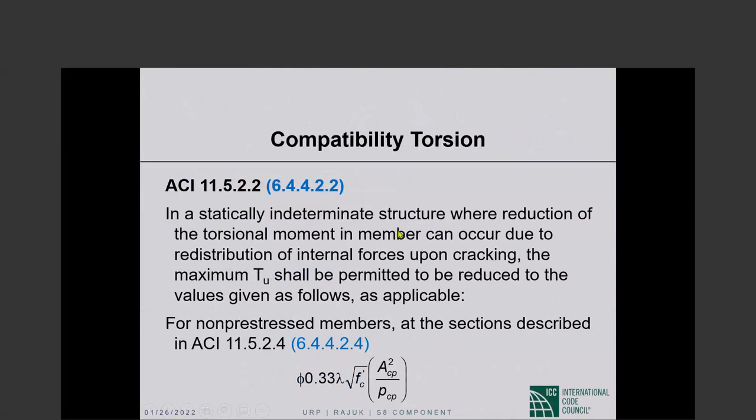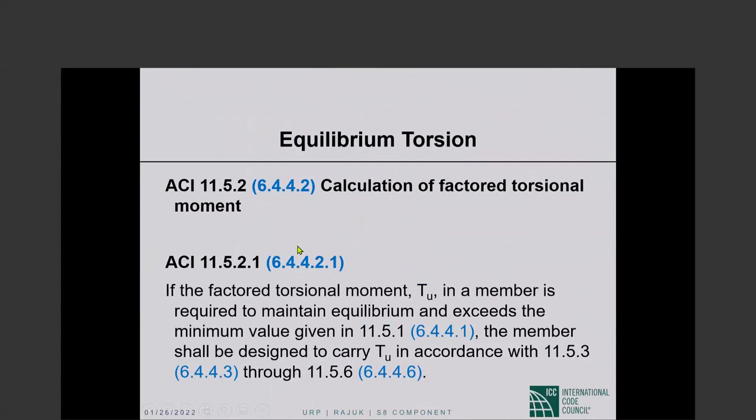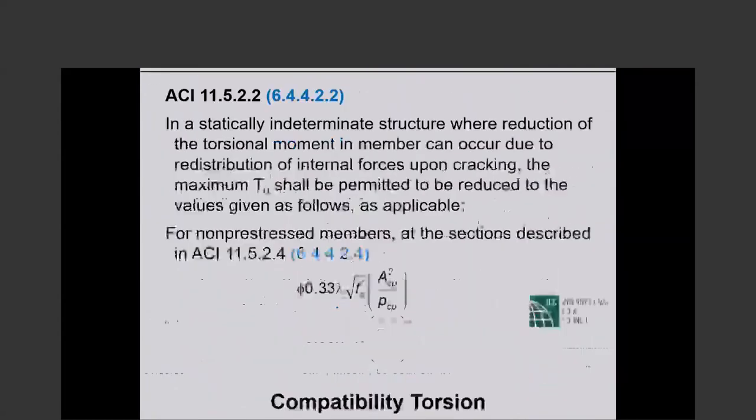In a statically indeterminate structure where reduction of the torsional moment can occur, this is equilibrium torsion. The member shall be designed to carry T sub u, and let me come back here.